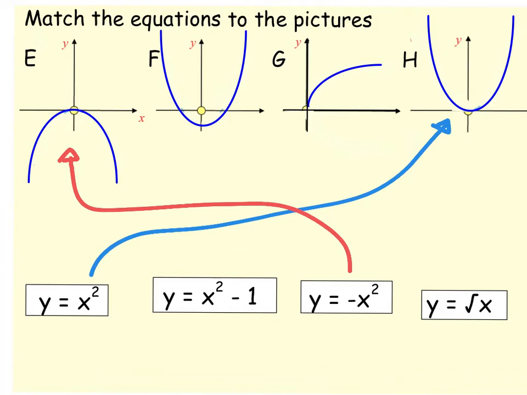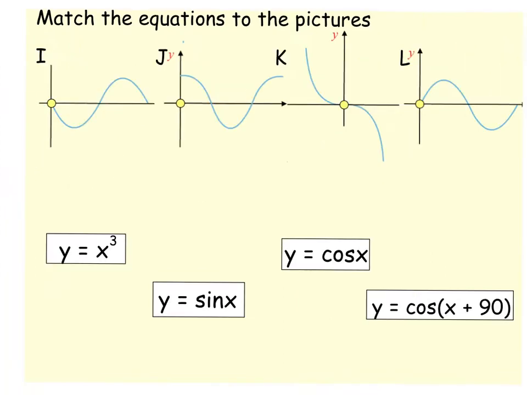Then the next one we should be able to do is y equals x squared minus 1. That's your quadratic moved down one. And the only one I've got left is this one that's turned on its side. Now, you're left with y equals root x, which is actually the inverse of y equals x squared. And you'll see in a later lesson why it looks like that and what the transposition of the inverse function is as a graph.